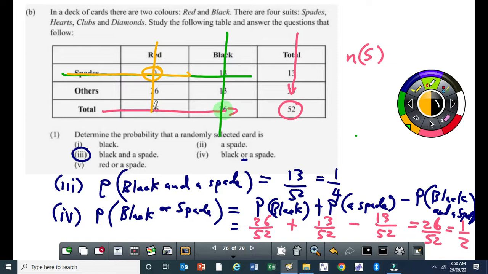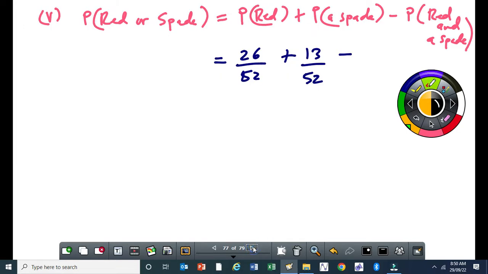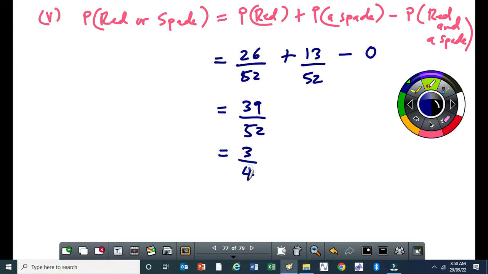Mutually exclusive. So they are mutually exclusive because they cannot take place at the same time. You can't pick a red card which is also a spade. It's not possible. Okay. So we'll put 0. So that will give us 39 over 52, and we get 3 over 4.